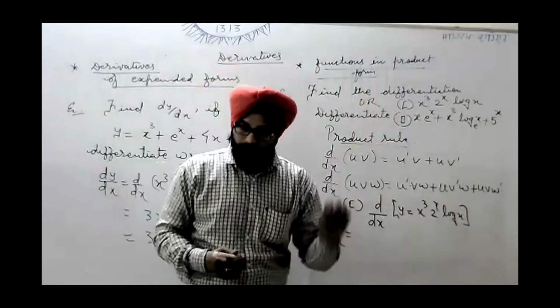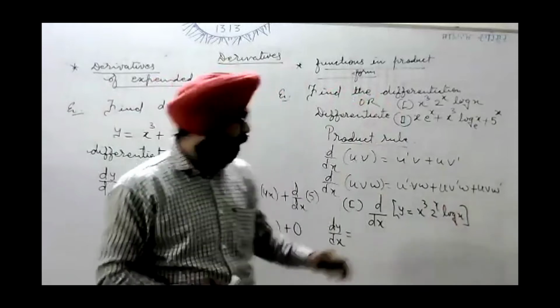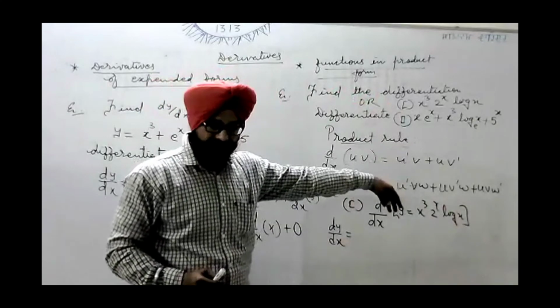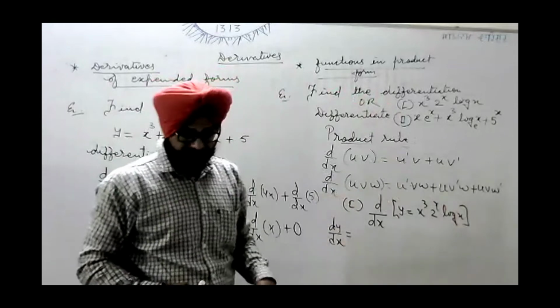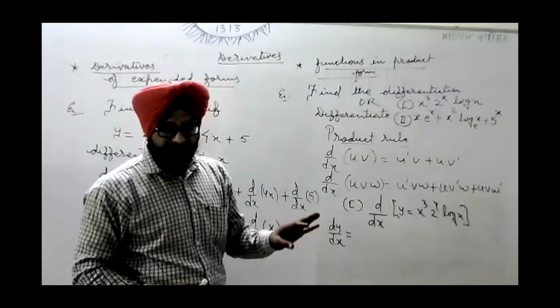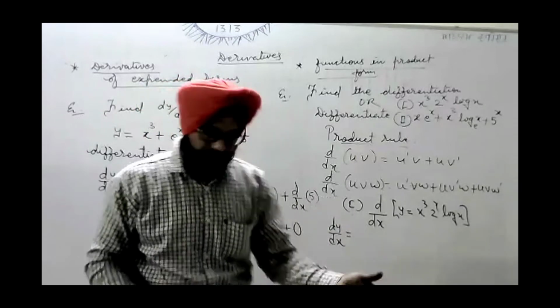I have written the product rule for two functions or three functions, but this is applicable continuously. Depending on how many functions there are, we get the same number of terms. Each function will be differentiated one by one. If you can do it directly, being a basic function, you do that.